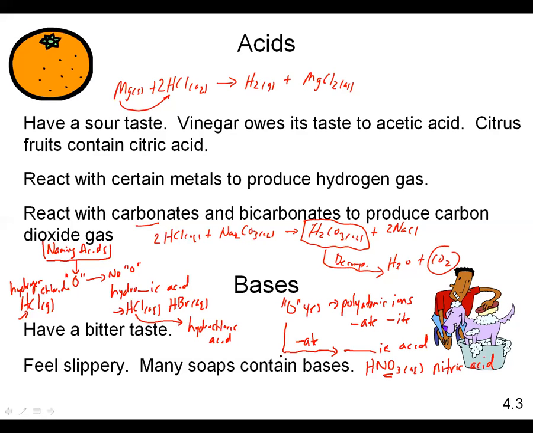If the polyatomic ion ends in ite, it is something-ous acid, like HNO2. NO2 is nitrite, and that becomes nitrous acid. Just like up here, CO3 is carbonate, which becomes carbonic acid.